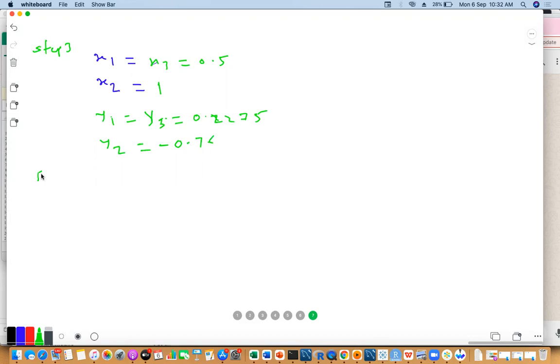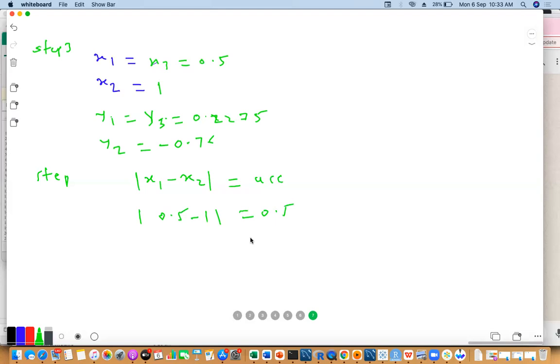In step 4, we will check the accuracy. What is the accuracy? The difference between x1 minus x2. That is our accuracy. What is that? 0.5 minus 1 is equal to 0.5.